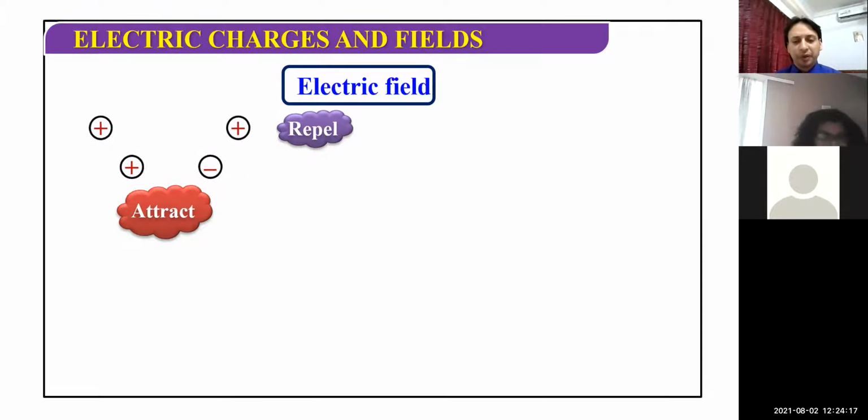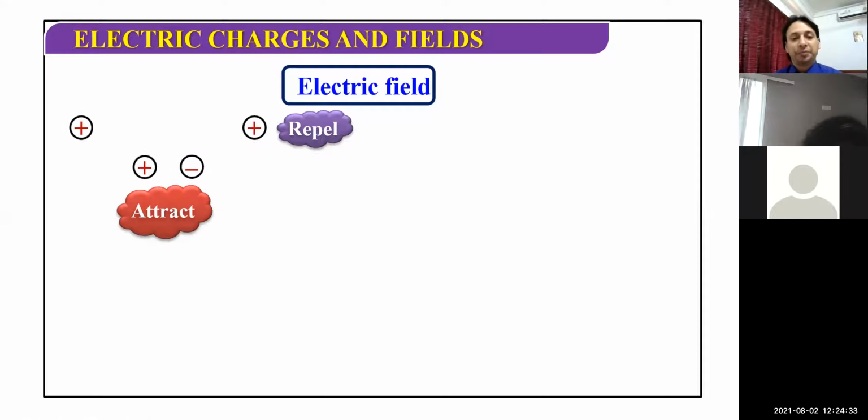As we know, there is a field, because each charged body or each charged particle is in the field of the other charged particle. Due to the field around the charged particle, they experience a force, and that's why we have Coulomb's law, that charges may attract and charges may repel each other.